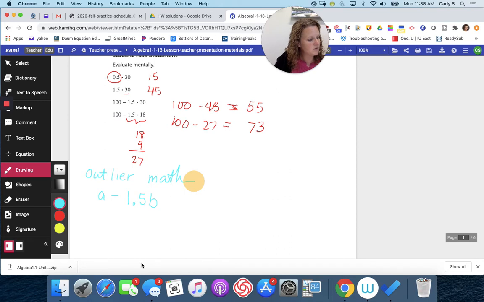This will be useful when we talk about our Q1 minus 1.5 times the IQR. Remember the interquartile range?